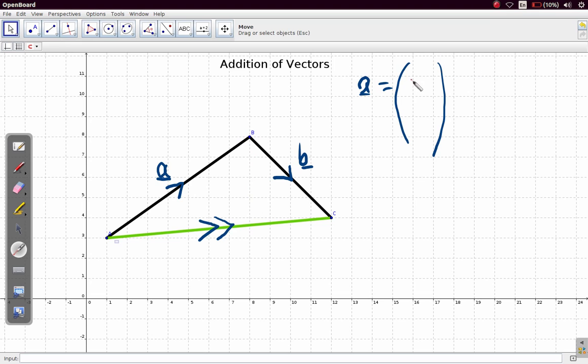So the x value is 7 and the y value is 5. The horizontal component is 7, the vertical component is 5.